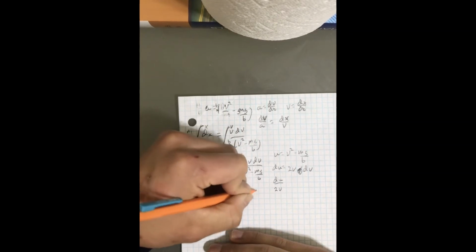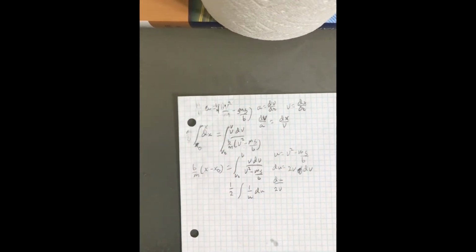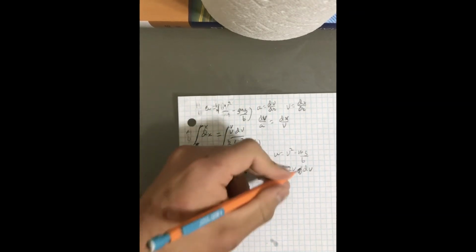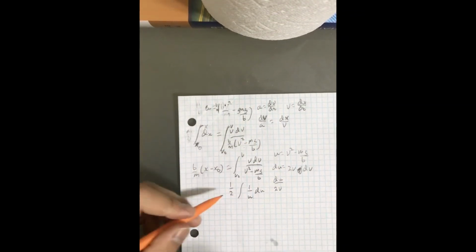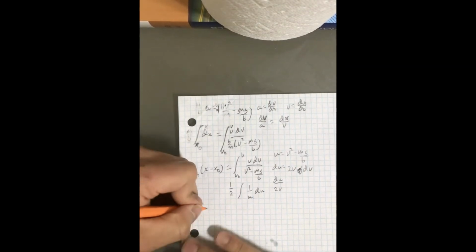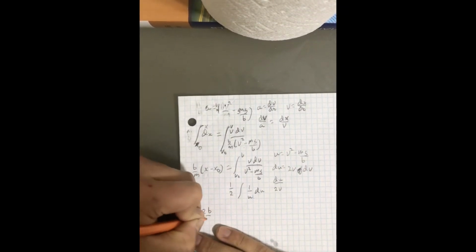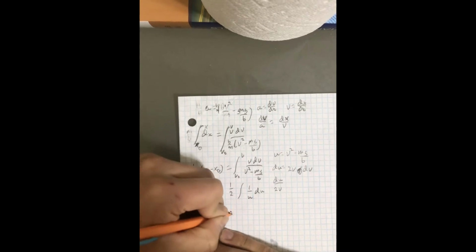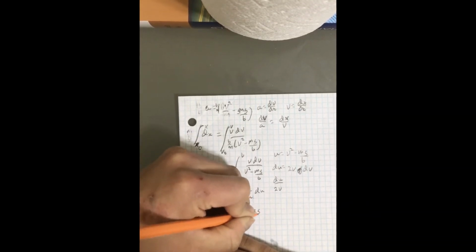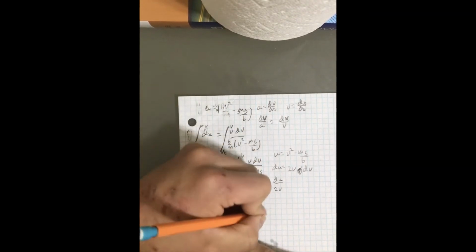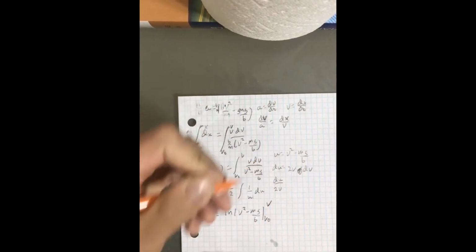1 over u du. And when we integrate this, we get ln of u. Might as well take this 2 to the other side anyway. So we got 2b over m times x minus x naught equal to ln of v squared minus mg over b, evaluated from v naught to v.